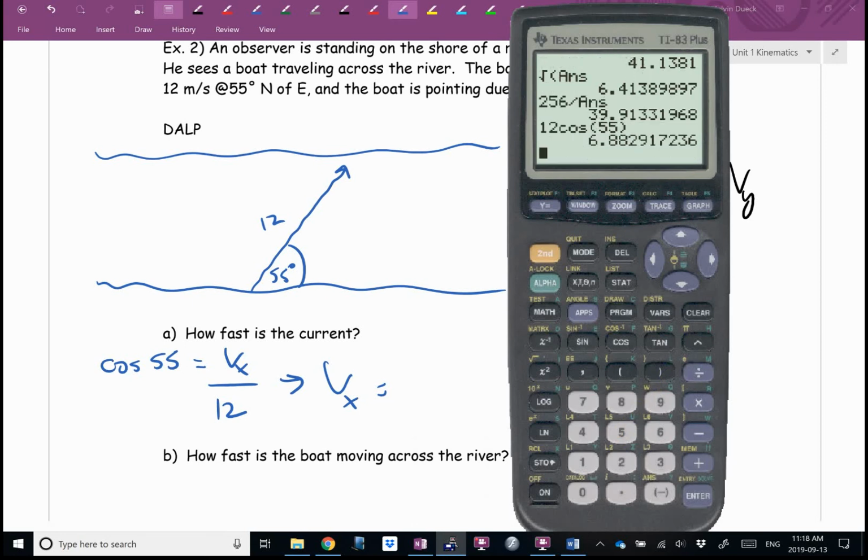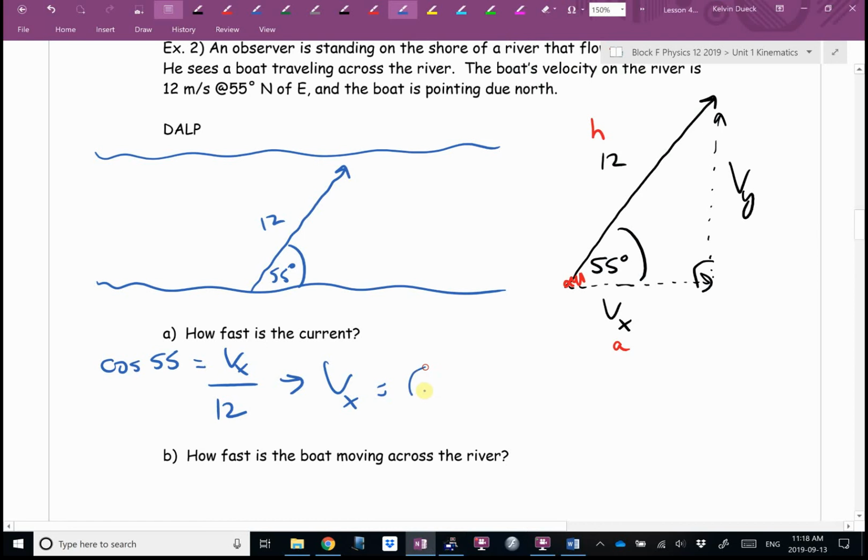And I get 6.88, I think. Or is that wrong? 6.88. And that's going to be meters per second. That's the current, as well as the horizontal velocity of this boat.